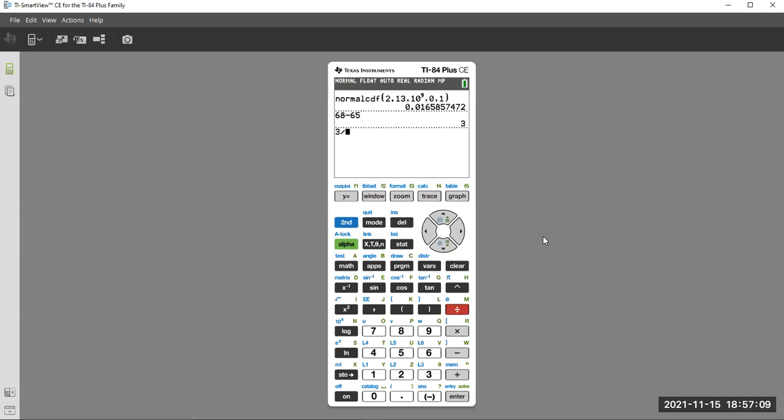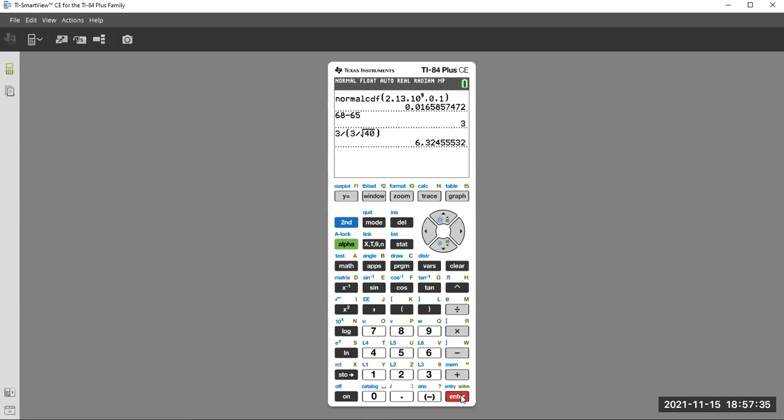Now, I like to take care of this in one set of keystrokes. I'm going to use, because I can't help it, my grouping symbols. That's what they're there for. So there's the numerator divided by my standard deviation divided by the square root of the sample size.